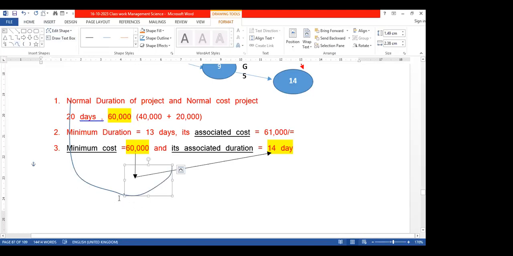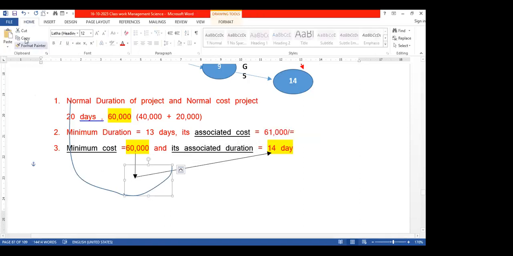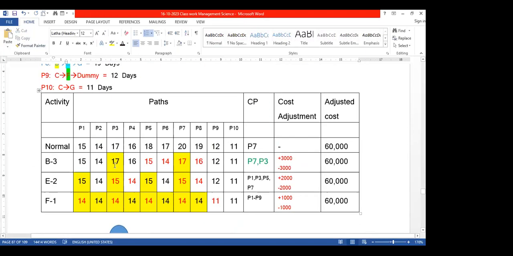So this is the minimum cost. You have to understand the real meaning of the minimum cost, and in that cost, what is the duration of the project. So that's why we are starting with normal duration diagrams.